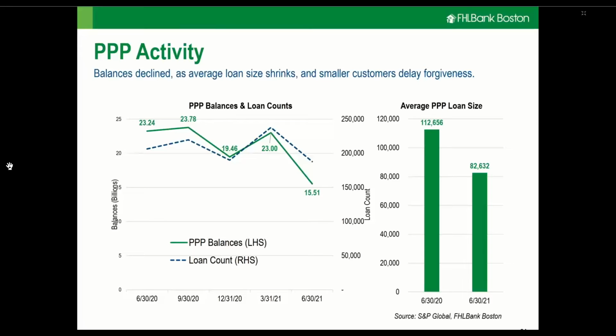And the size has been decreasing, so that tells us that the loans that have been forgiven have been, generally speaking, of larger sizes. So if you think about that and say that the loans that are left are smaller, they're probably smaller businesses that are maybe still digging themselves out of the hole that the onset of the pandemic put them in, and that the forgiveness may slow down.